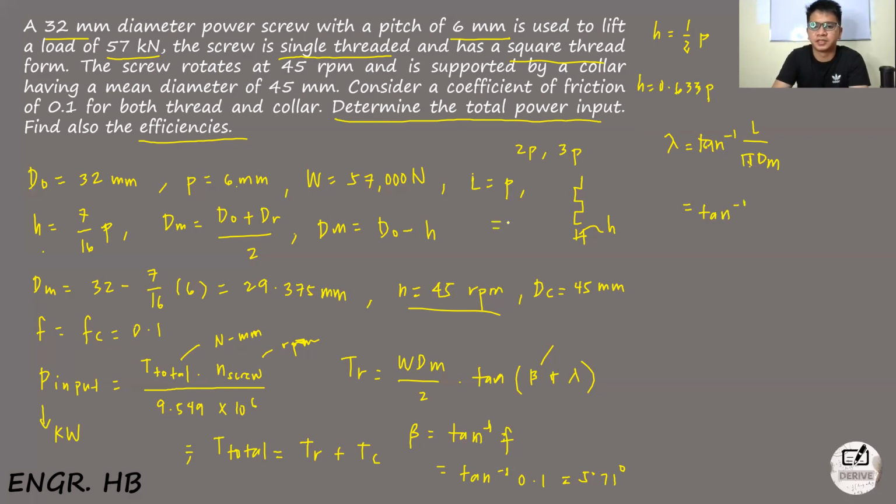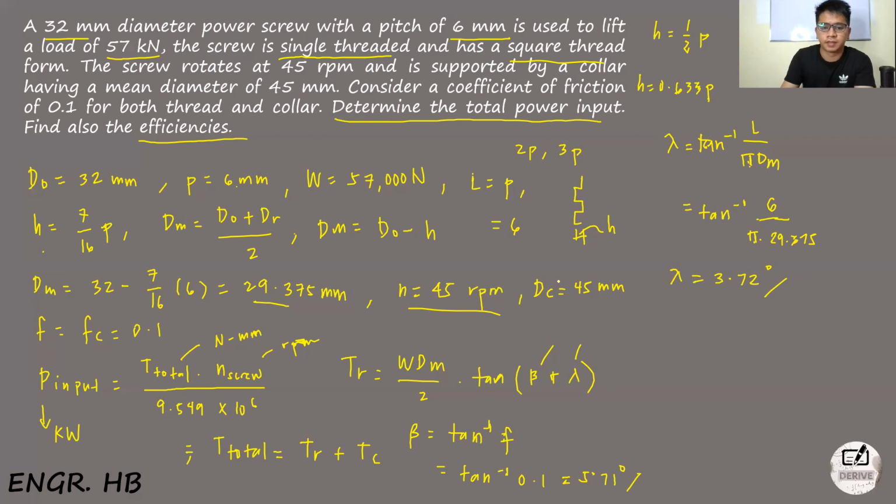Your lead is equal to pitch because it is a single threaded as stated in the problem. 6 divided by pi times dm. Of course, your dm you have here 29.375. So lambda mo is 6 divided by pi times 29.375 sa ilalim, arctangent. So this will become 3.72 degrees. So yun, meron ka ng beta, meron ka ng lambda.